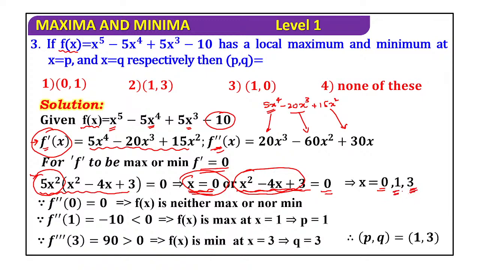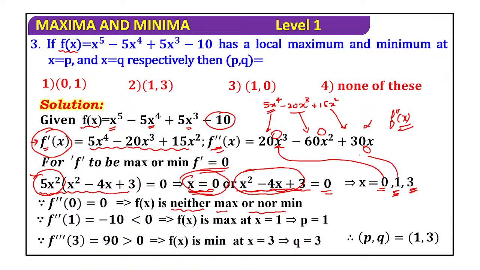Once you get 0, 1, 3, you have to put them in f double dash of x. See, if I put 0 here, this term becomes 0, this term becomes 0, this term becomes 0. So if all the terms become 0, I will say neither maximum nor minimum.